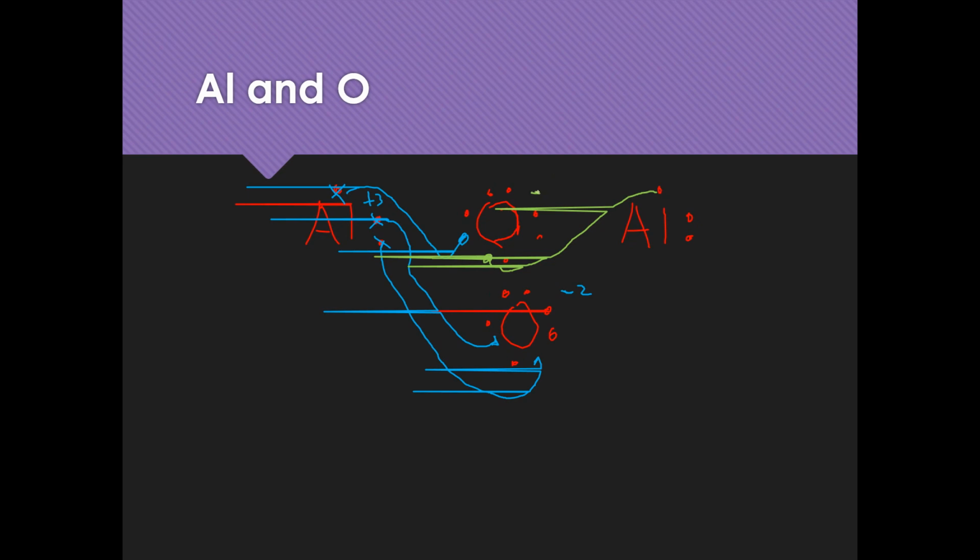And now this one has a -2 charge also. And this has lost 1 valence electron. So we have 1 aluminum is good, 2 oxygens are good. However, we still have this aluminum over here that's not so good. We need to get rid of 2 more electrons.